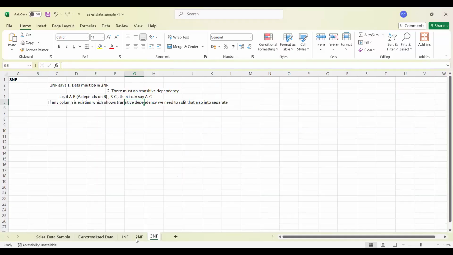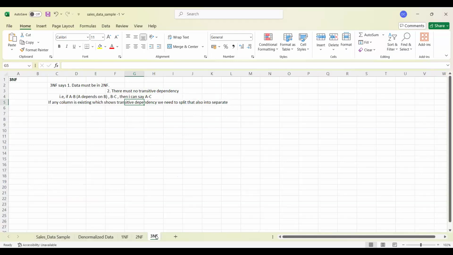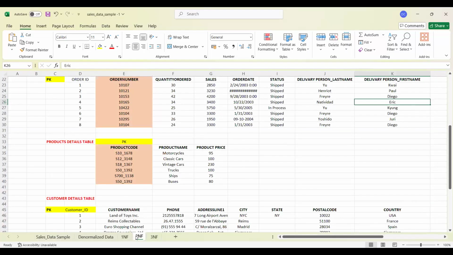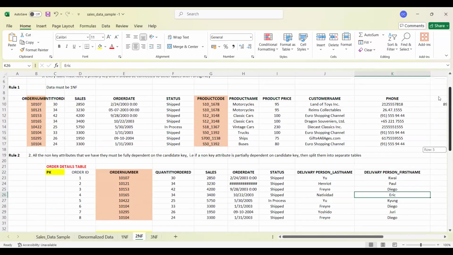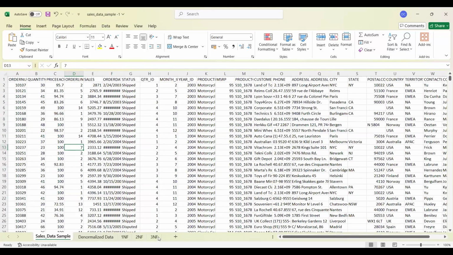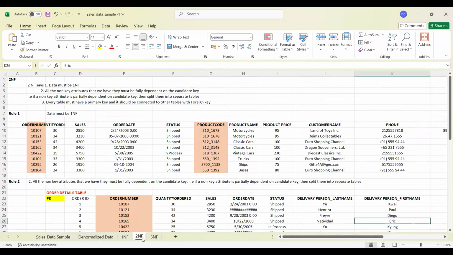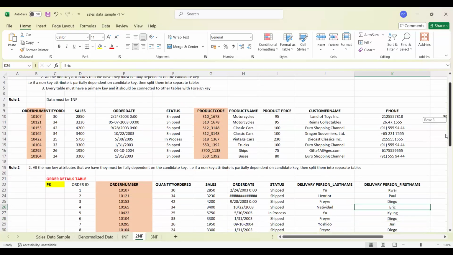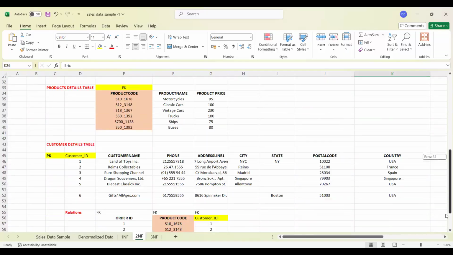Frankly speaking, data engineers don't really try to understand what is transitive dependency. By default, with some experience, we can understand. By seeing the data, we can simply divide. Basically, whatever many columns we have, at the end of the day we divide all the related data into tables, like all the order details in one table, product details in one table, customer details in one table.